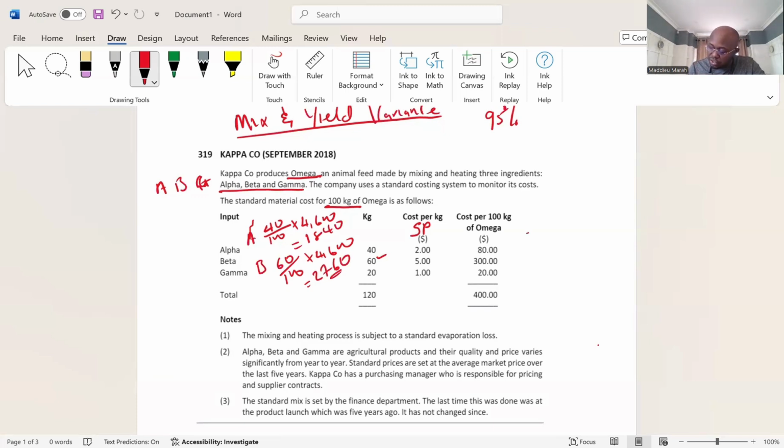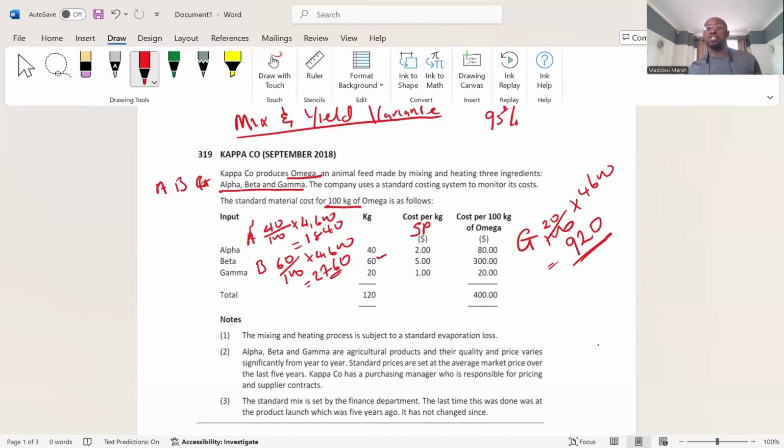And what's my standard usage for gamma? Gamma is 20 upon 100 multiplied by actual production. This will give me 920. So this is my standard usage for gamma.